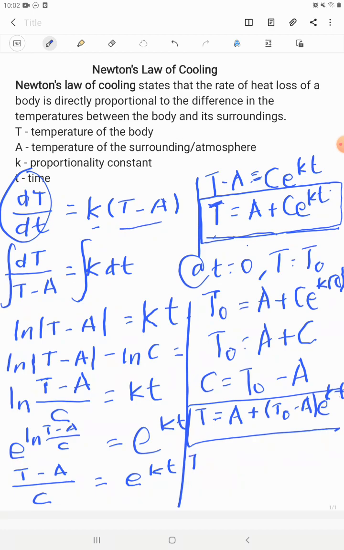Sometimes it is written as T is equal to the temperature of the surrounding T sub S plus the temperature of the body when time is equal to 0 minus T sub S, e to the power of kt. So this is the alternative equation to this equation. That is, you have already derived C when t is equal to 0.